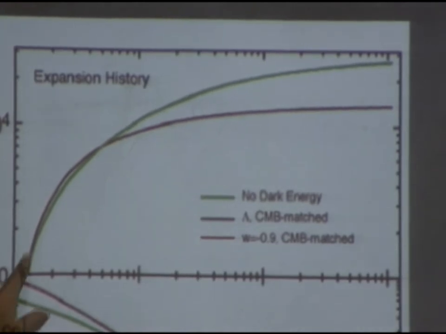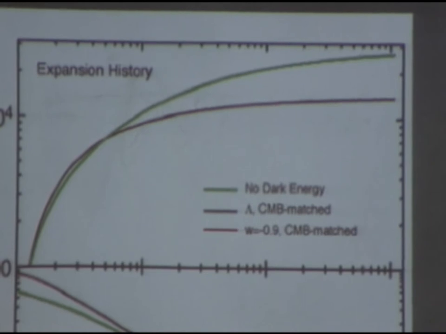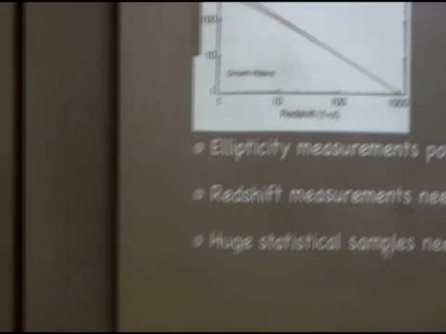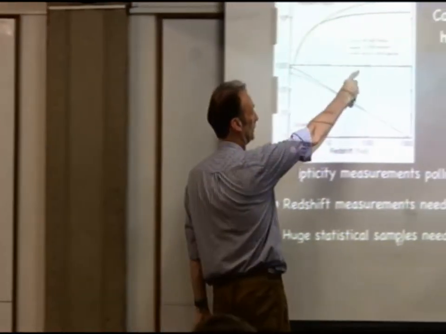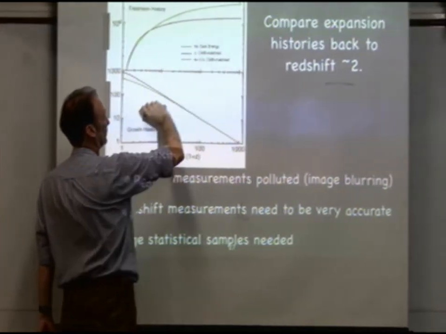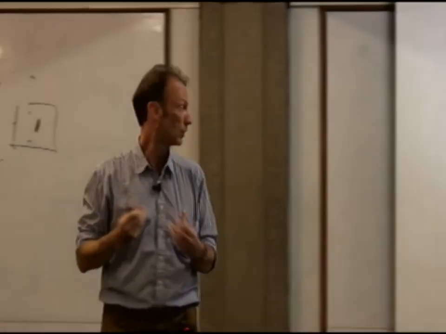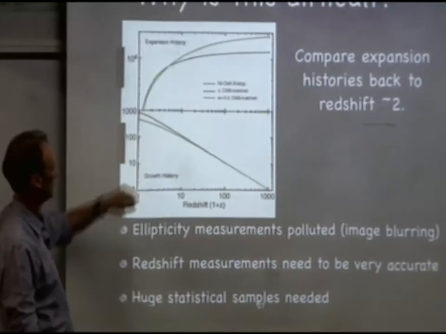There's a black curve and a red curve which lie basically on top of each other. So this just shows that you need exquisite precision and very good control of systematic errors to be able to make a measurement that you would actually believe. We really would like to know, can we be sure that the cosmological constant explains all the data, or do we need to do something different to the dark energy? These kinds of models are extremely difficult. Both the expansion history and the growth history are very, very similar.